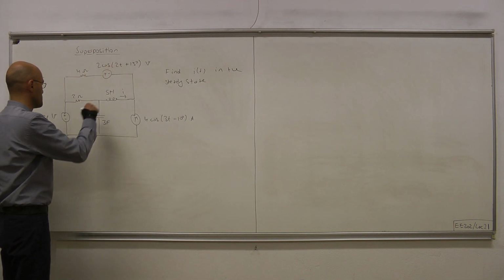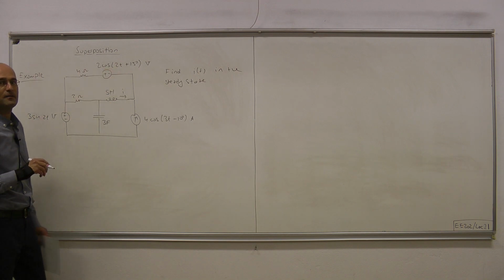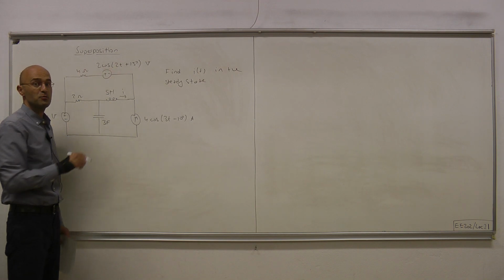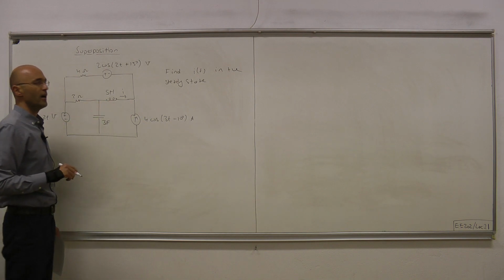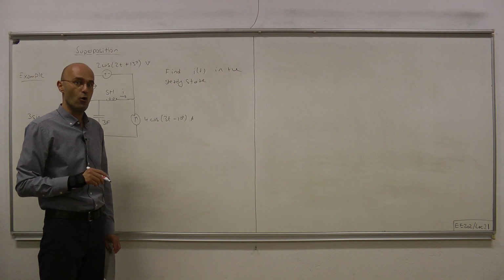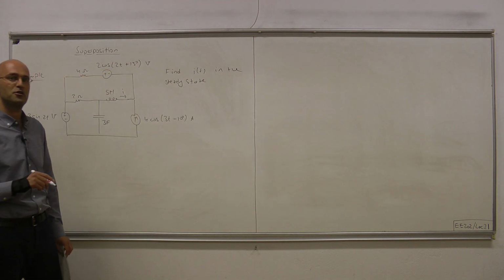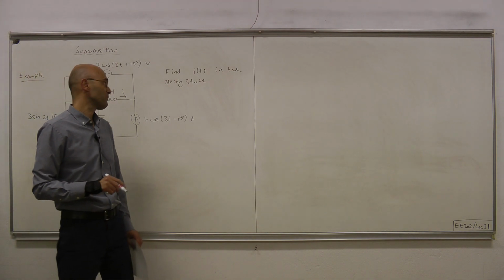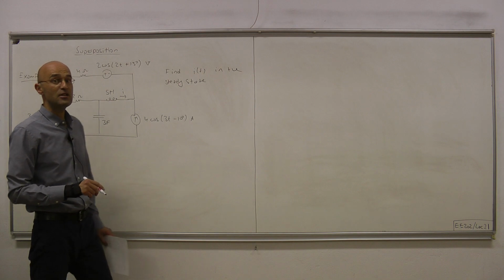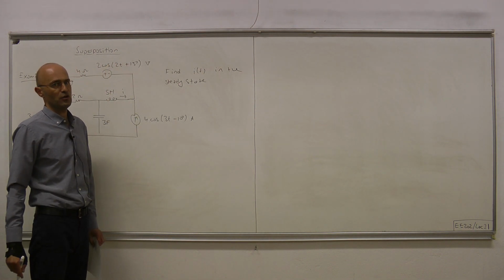Here we have a frequency of 2 radians per second, so that would imply the impedance will be j10 ohms. However, here we have another source at a different frequency, 3 radians per second, which would imply the impedance should be j15 ohms. So what is it going to be? j10 ohms or j15 ohms?